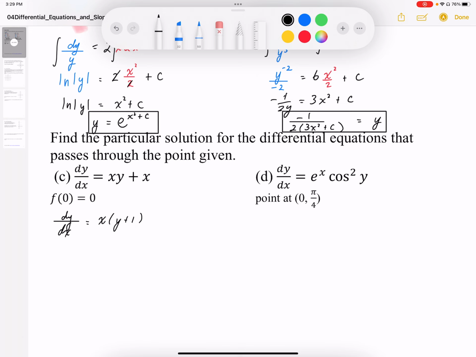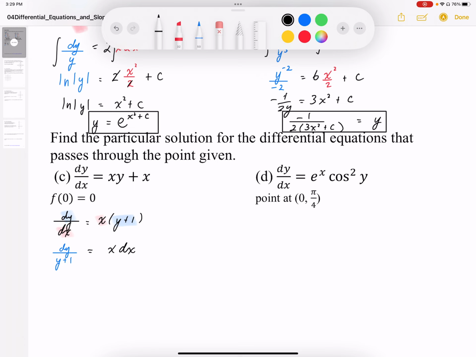Now that it's factored, I can put these y's together and these x's together. So it's going to look like this: dy over y plus 1, and that's going to be equal to x dx.